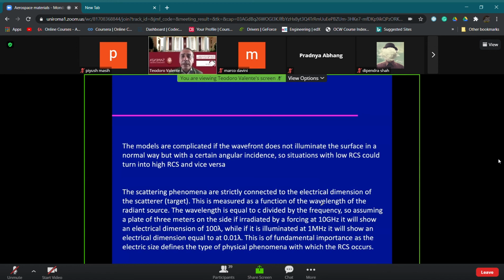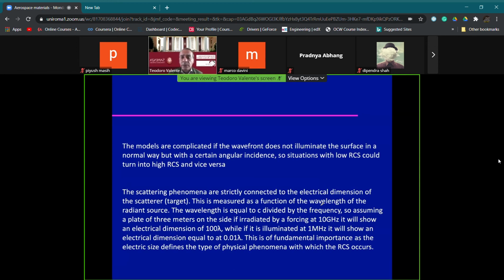If it is radiated with a frequency of 1 megahertz, which is lower than 10 gigahertz, it will show an electrical dimension equal to 0.01 times the wavelength of the incident beam.